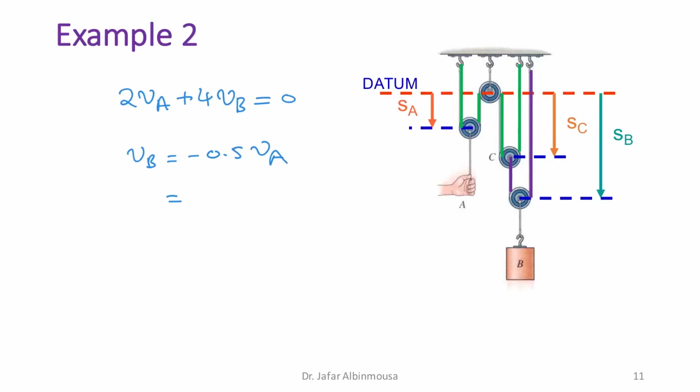So this is equal to minus 0.5 multiplied by 8, which is minus 4 feet per second. What matters here is that if you look carefully at the sign, this is negative. We know that VA was moving downward, and it is positive. But VB will move upward, so it has to be negative, which is true.